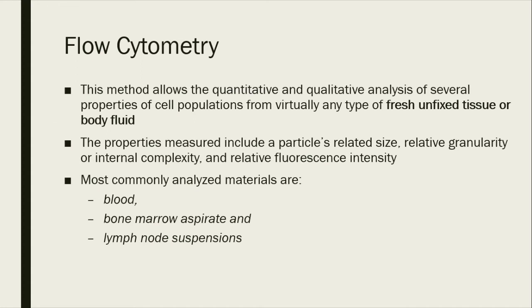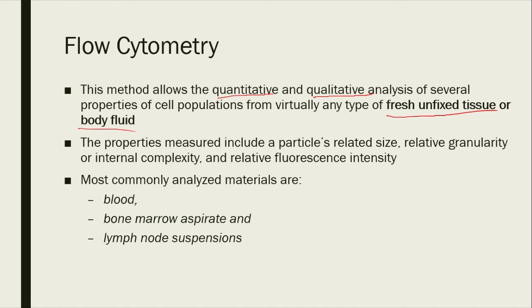So this method can give you qualitative and quantitative data on any type of fresh, unfixed tissues and body fluid. It doesn't need to be treated or anything, doesn't need to be stained.